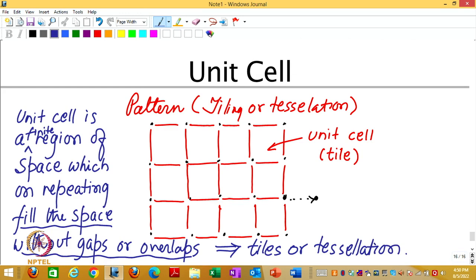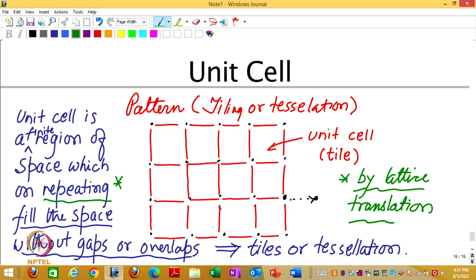One thing I am missing here, that if you want this has to be this repeating by lattice translation. This was required actually, is an important part of the definition which I was missing. Again, that a by 2 example. If I do not put this lattice translation, then a quarter of this tile also is a tile.